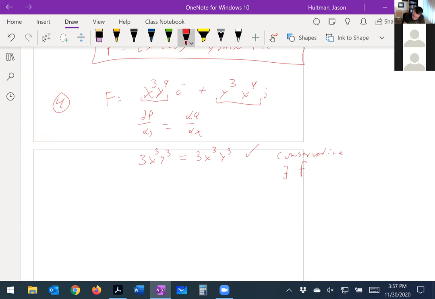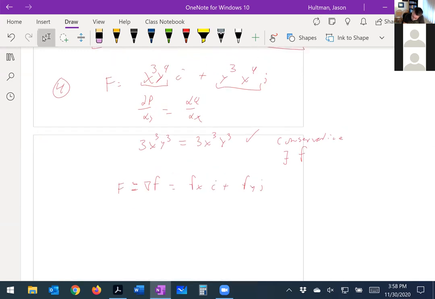F is equal to the gradient of f, which is equal to f sub x i plus f sub y j. So what was f sub x? Well, f sub x would have been equal to x cubed y to the fourth. And what's f sub y? F sub y would be equal to y cubed x to the fourth.